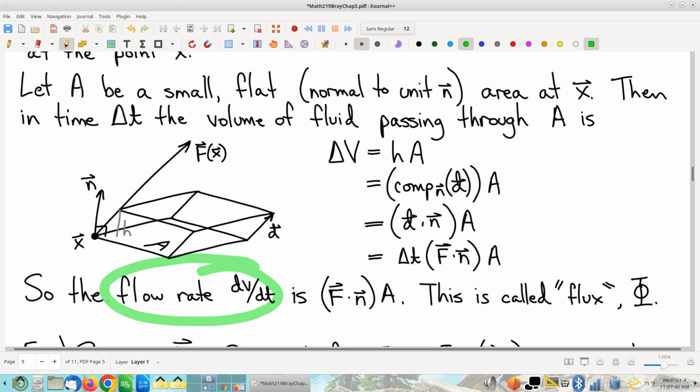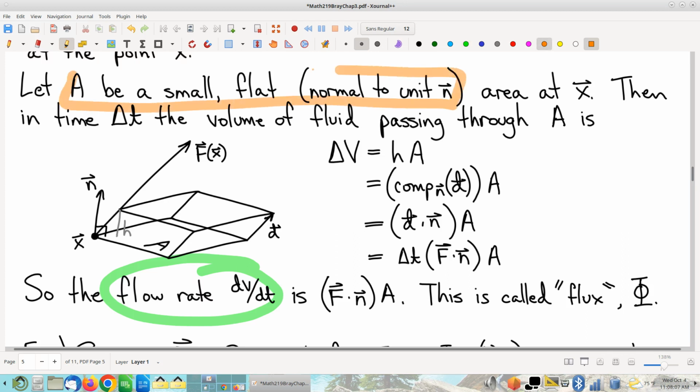Now, I distinguish between velocity, which says distance per unit time in a direction, versus flow rate, which you'll notice is volume of fluid per unit time. Right? They're not the same thing. Furthermore, to talk about a flow rate, I have to say flow rate through what?